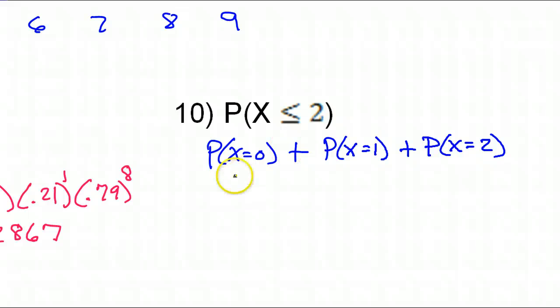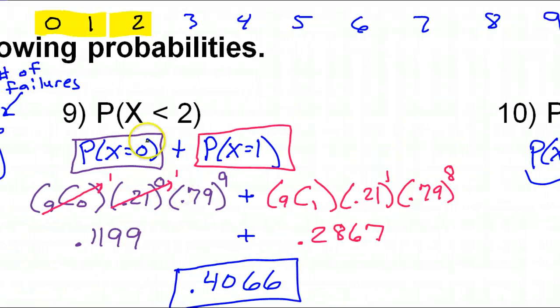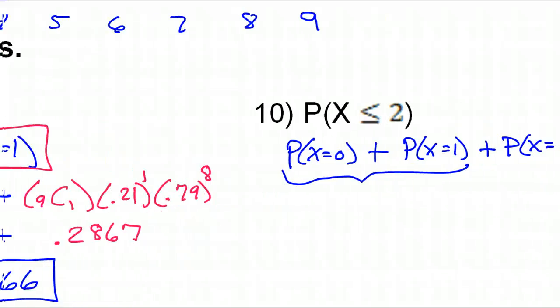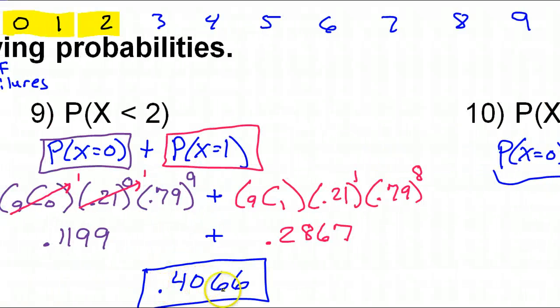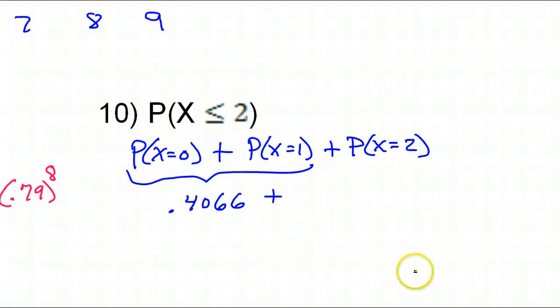That's less than or equal to 2. But of course, the first two, that's what we just did on the last problem, the probability of 0 successes and 1 success. So we got an answer of 0.4066, so let's use that, 0.4066. So all we need to do is add the probability of 2 successes.